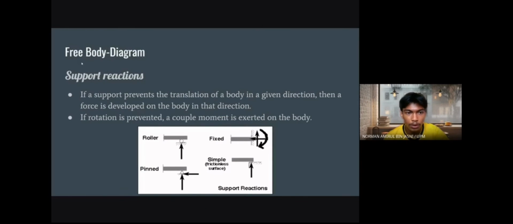Then we need to know about the free body diagram. Firstly, support reactions. If a support prevents the translation of a body in a given direction, then a force is developed on the body in that direction. If rotation is prevented, a couple moment is exerted on the body. These are types of support reactions: roller, fixed, pin, and simple.